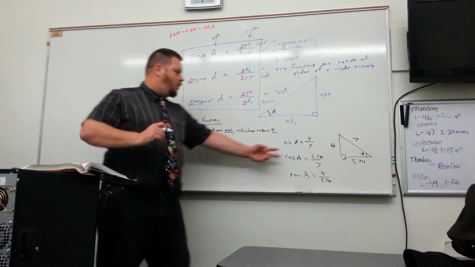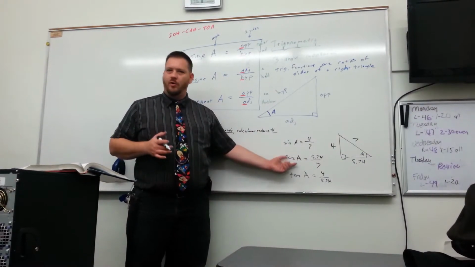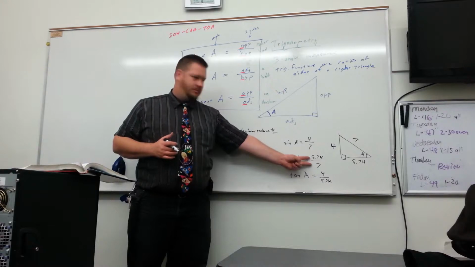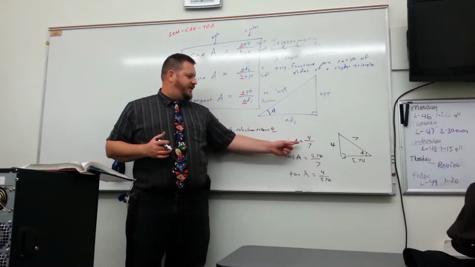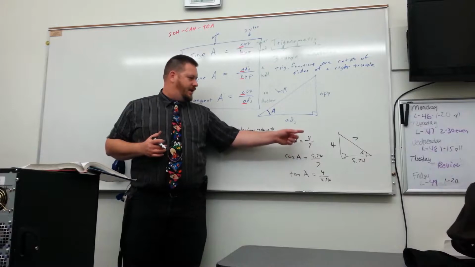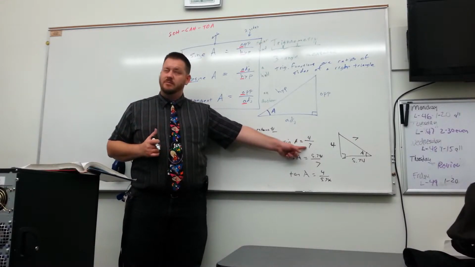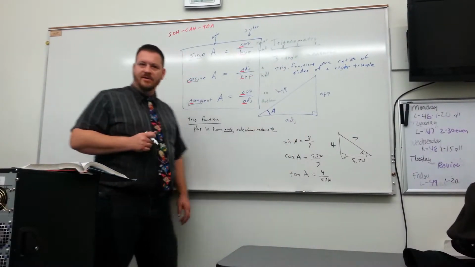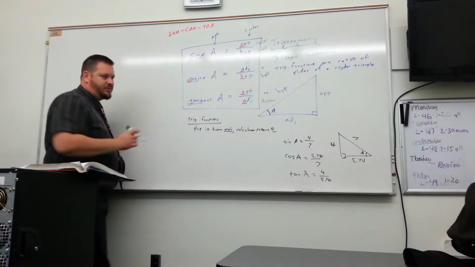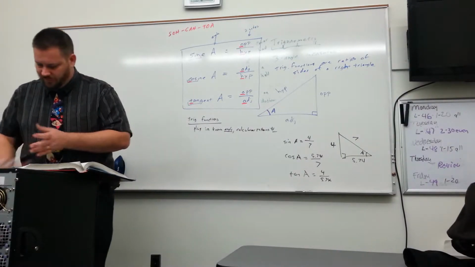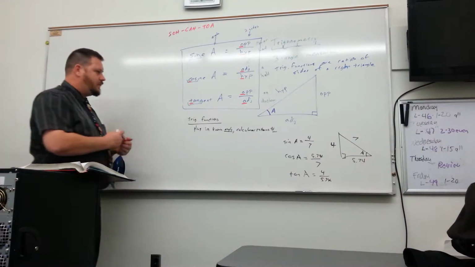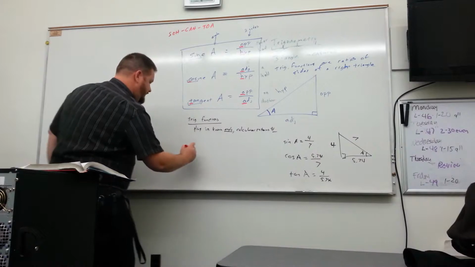What if you already know that the sine of angle A is 0.571428? Let's say you already know that number, and you're trying to find out how big angle A is, how many degrees. Well, that's where we use the inverse trigonometric functions. So, the inverse trig functions.